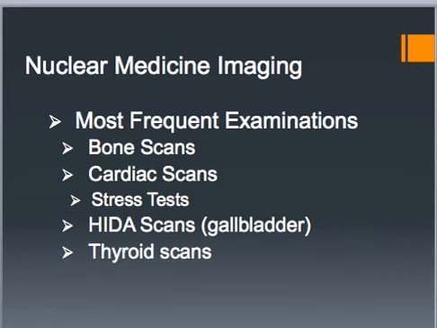The HIDA scan, which is used to view the liver, gallbladder, bile ducts, and the small intestine. Or the thyroid scan, which again measures your thyroid's processes, checks for lumps, overactivity, underactivity, goiters, or even cancer. So most frequent exams are bone scans, cardiac scans, stress test, HIDA scans, and thyroid scans.